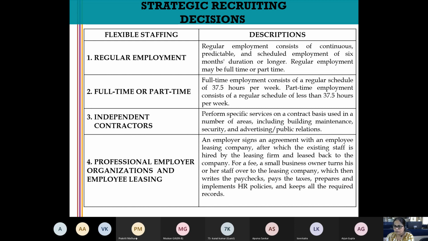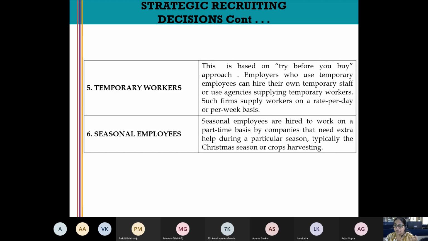They will make the payment, but you will actually be providing the salaries, whatever has been decided, to that leasing company. This way, there are also temporary workers, per day or on an hourly basis, who may come for you.